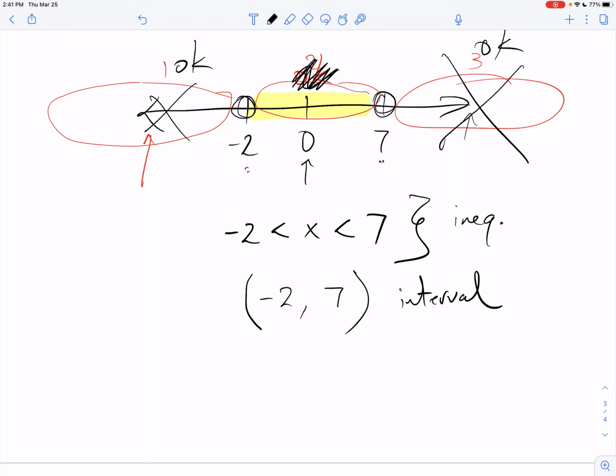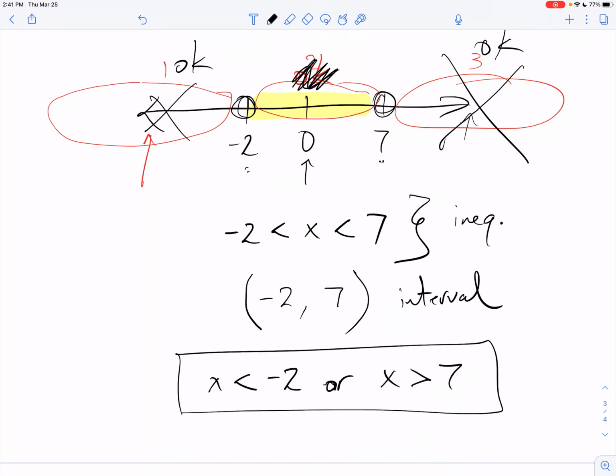Well, it's a compound statement. You could say x is anything that is less than -2, or anything that is greater than 7. That is a compound inequality statement.